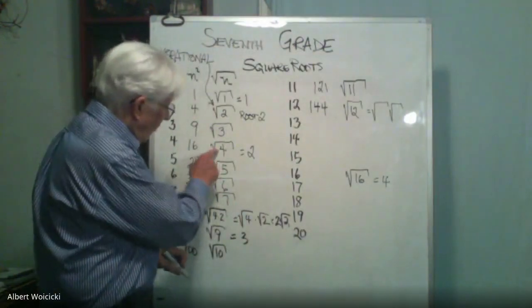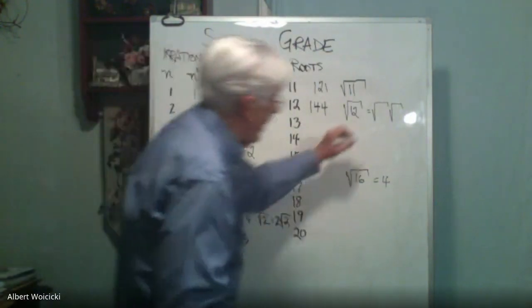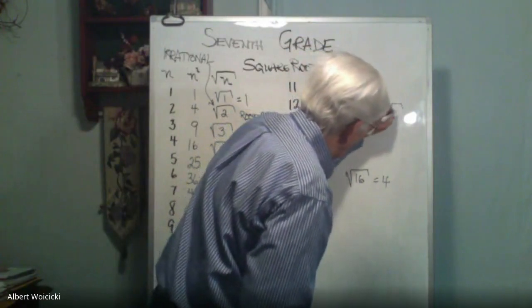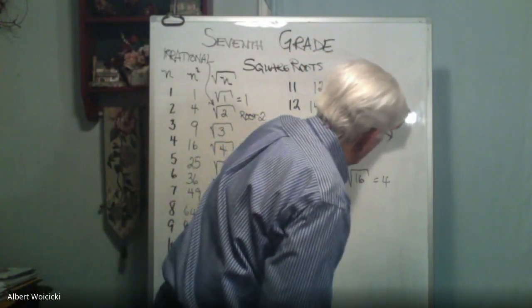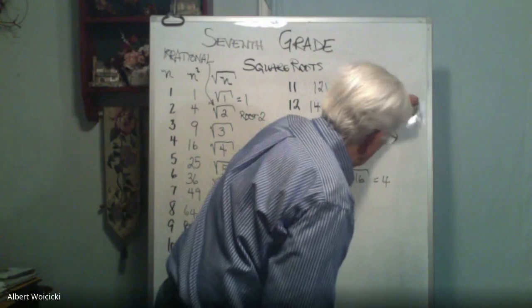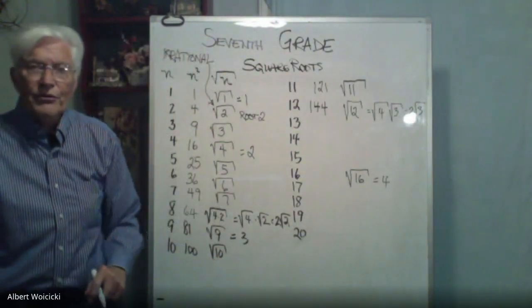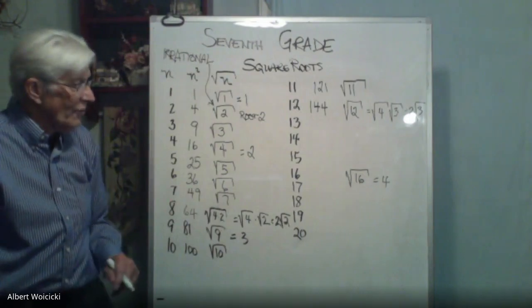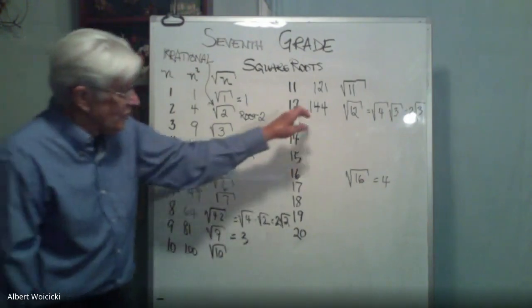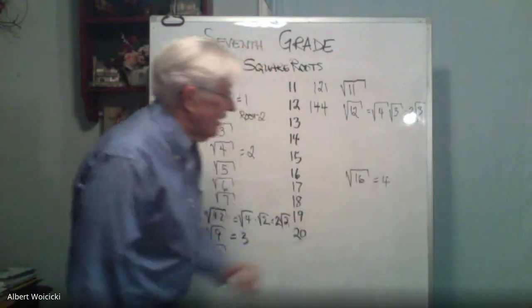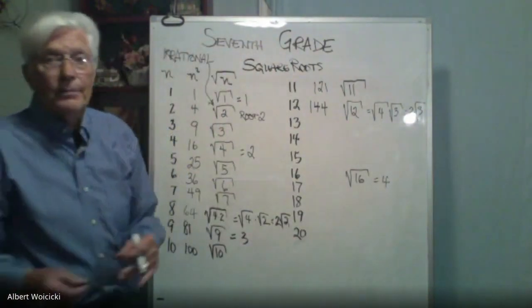Yeah, 4 times 3 makes 12, and 4 is a perfect square. So I end up with 2 root 3, 2 times the square root of 3. So the square root of 12 is 2 root 3 when I simplify it.